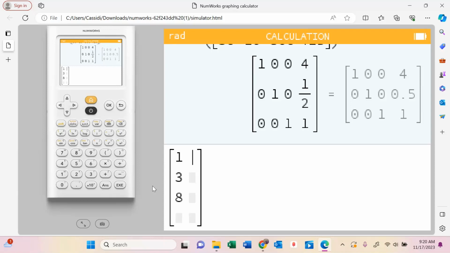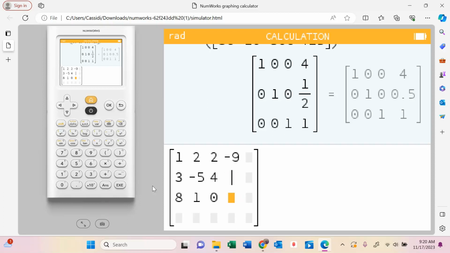Y'all double check my work here, because after earlier, I feel like I'm prone to mistakes. 2, -5, and 1. Then we have 2, 4, and 0. And then we have -9, -64, and -3.